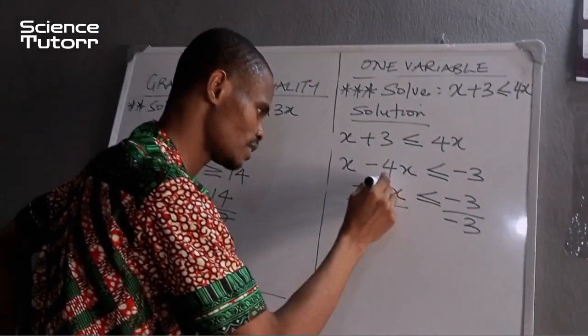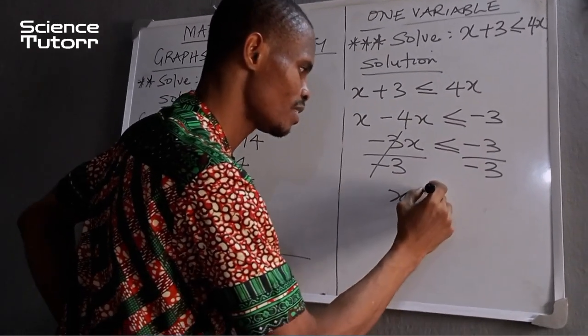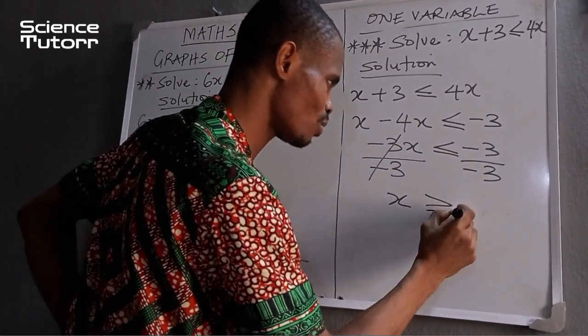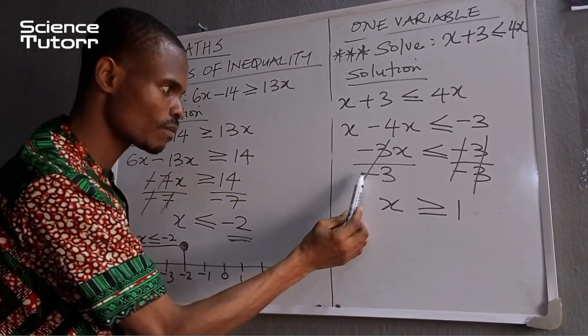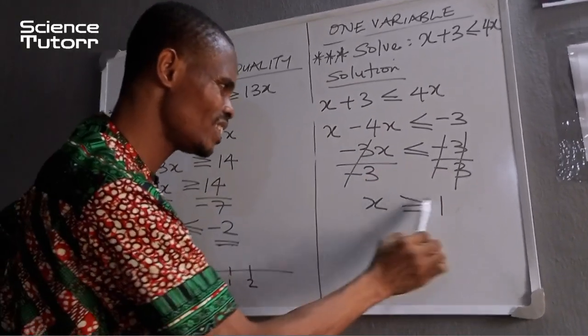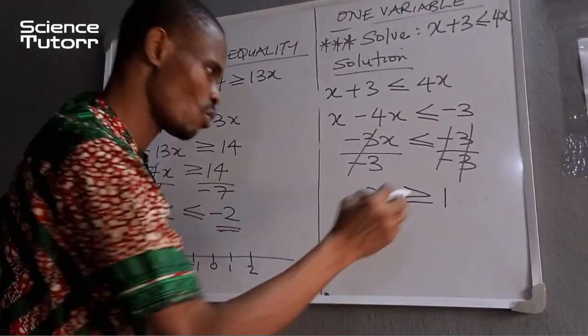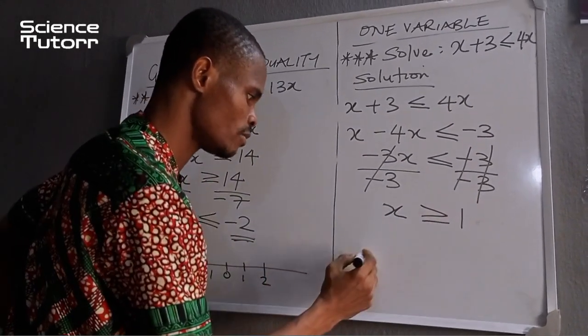So this cancels this. At the end of the day, I'm going to have x to be greater than or equal to, this cancels out, 1. You can see because of this minus, the inequality sign changes. So we have x to be greater than or equal to 1.